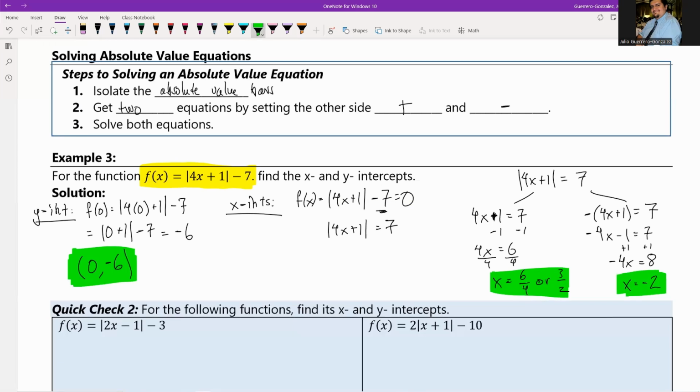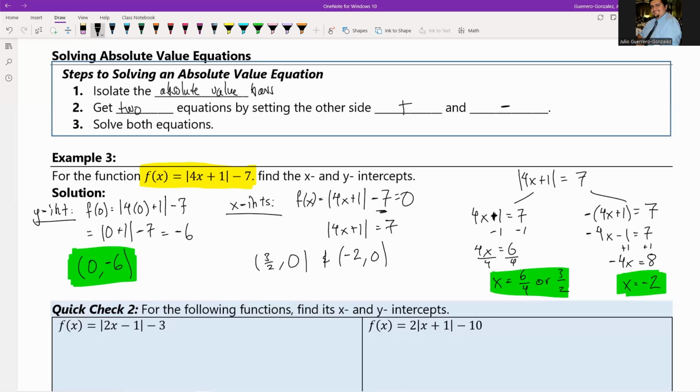All right, so my two x-intercepts will be 3 over 2, 0, and -2, comma 0.